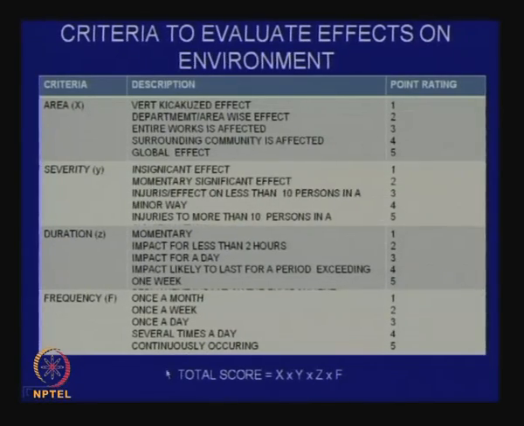Now, the higher the score, the bigger is your problem. The idea should be to minimize the total score, which means everywhere our goal would be to go from 5 towards 1, 5 towards 1, 5 towards 1, 5 towards 1.